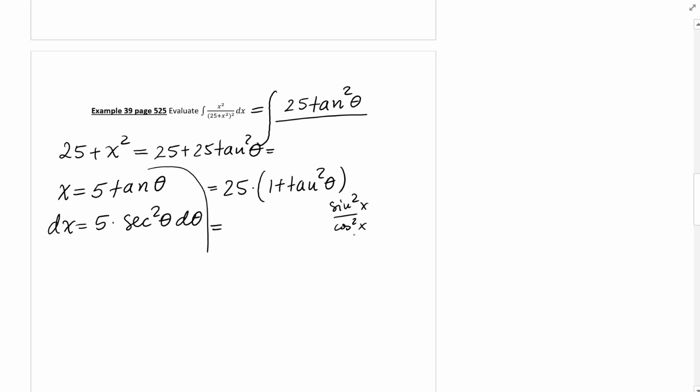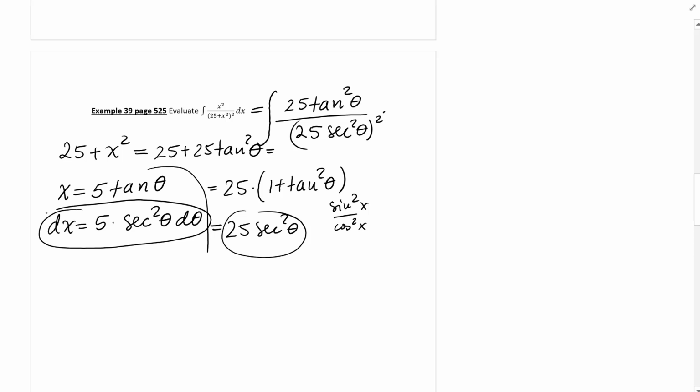So if we get the same denominator, we get 1 over cosine squared, so it's 25 secant squared of theta. So at the bottom we get 25 secant squared of theta, everything squared, and then times dx. The dx was calculated here, so it's 5 secant squared of theta d theta.